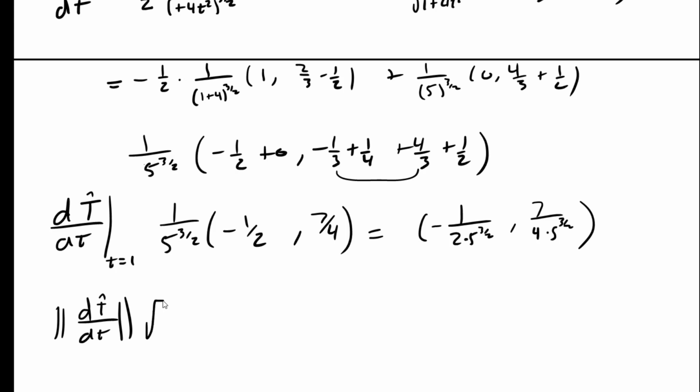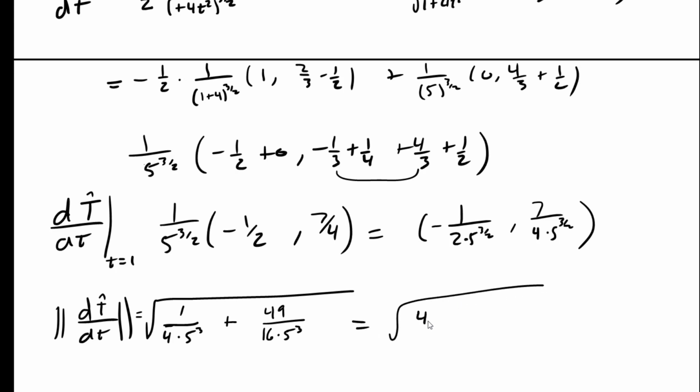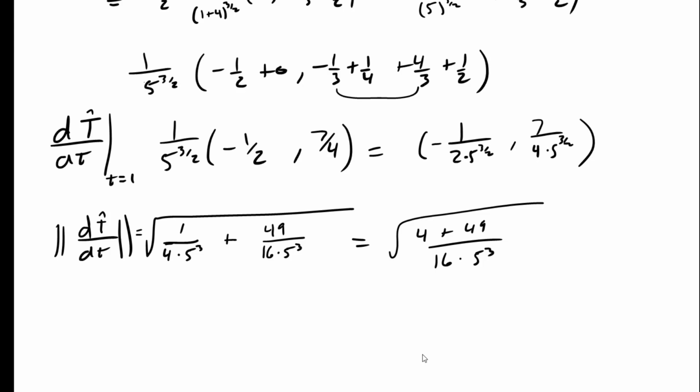This is the square root of each of these squared, so that's going to be 1/4 times 5 cubed plus 49/16 times 5 cubed. Looks like we'll have some simplification, so we'll have 4 plus 49/16 times 5 cubed.